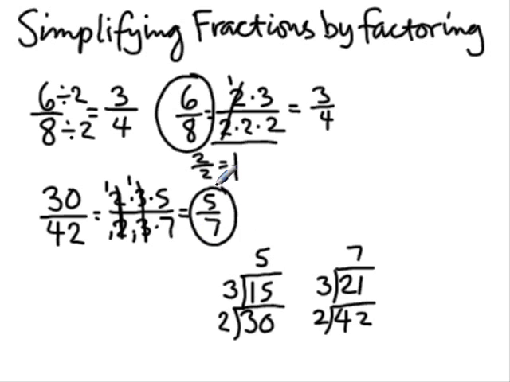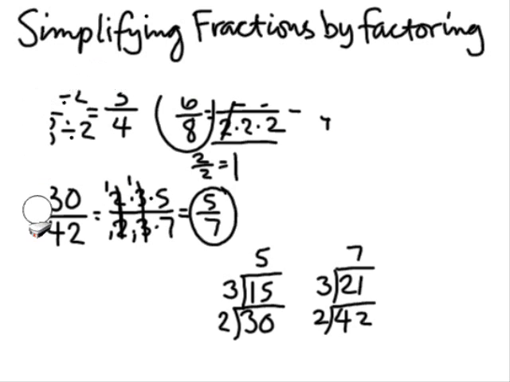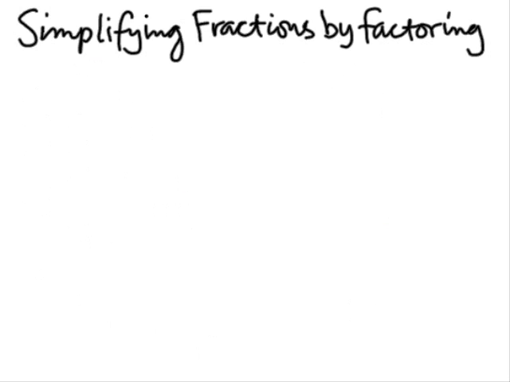Now, we could have still done this without factoring it, but factoring will always give you the simplest form in one step. Let's do another one where we'll use factoring to simplify the fraction. Let's do 42 over 140.